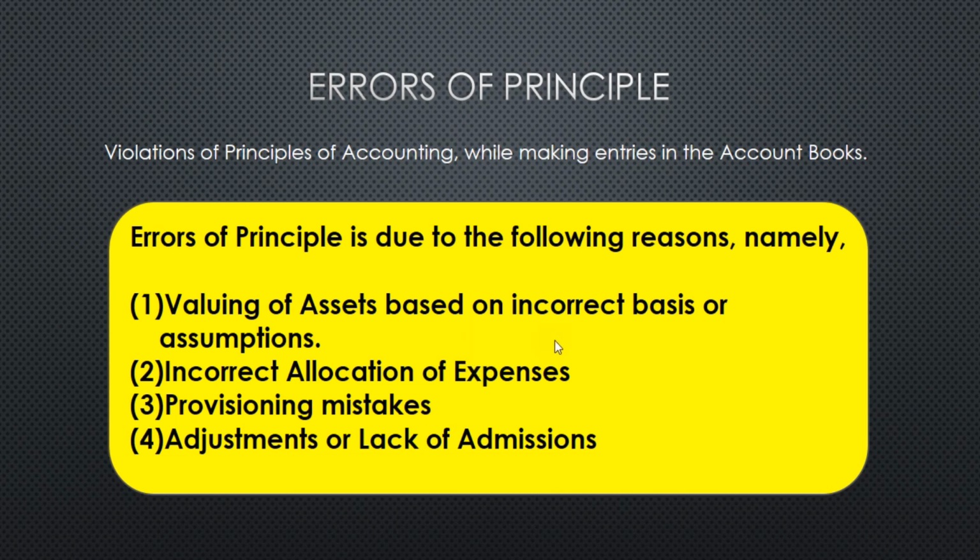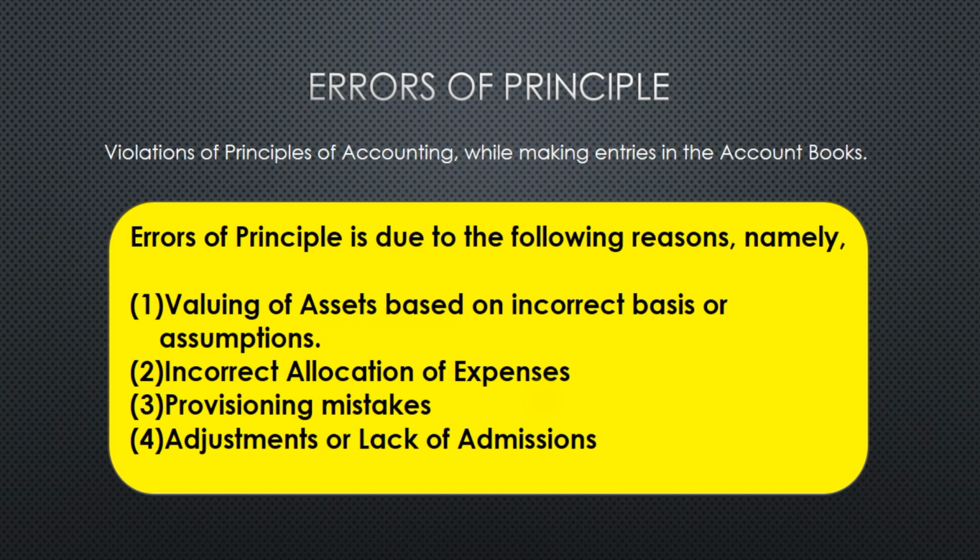The next one is incorrect allocation of expenditure between capital and revenue, for example, treating capital expenditure as revenue. We'll take a look at most of this when we explain what is capital, what is revenue, what is capital expenditure, etc. Next one is provisioning mistake for depreciation or doubtful assets. Provisioning mistake, if it is there, may be a cause.